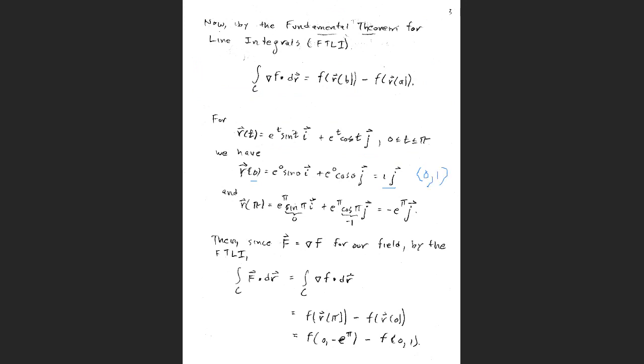And at time pi, which is the end time, the particle's position is at negative e to the pi j. Okay, well, you could think of that as just (0, negative e to the pi).